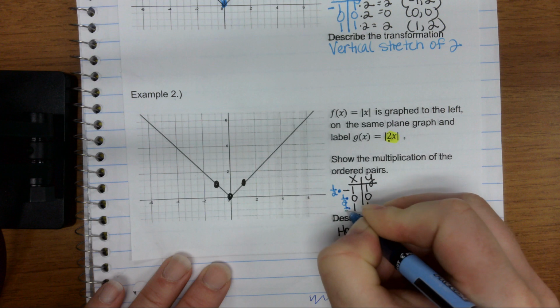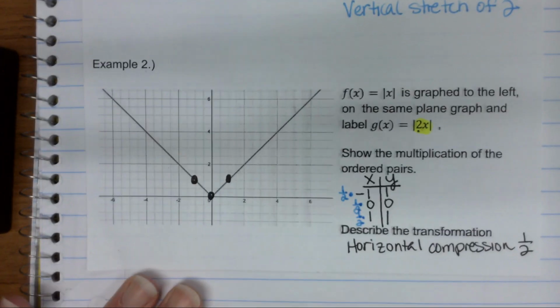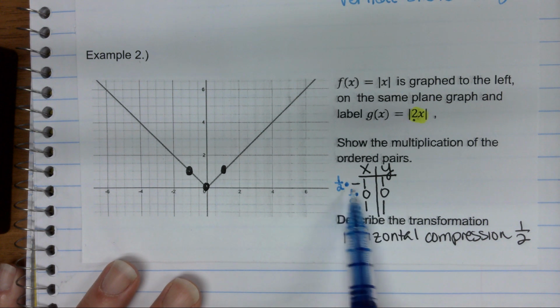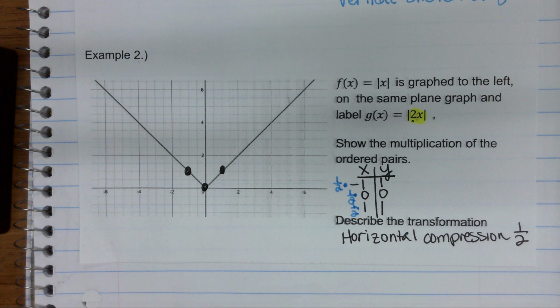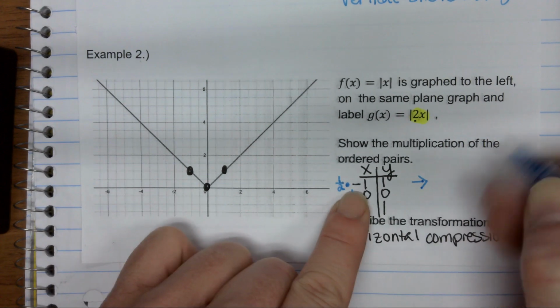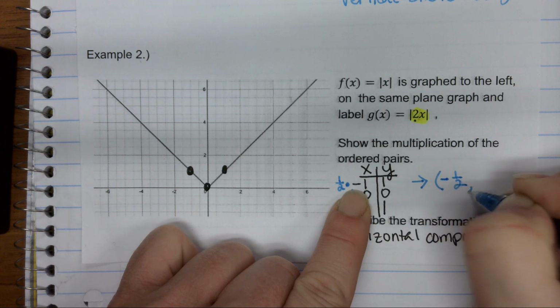See if I can squeeze it in. So, what's 1/2 times -1? -0.5 or -1/2. Yep. So this ordered pair becomes -0.5 or -1/2, whatever way you prefer to write it.